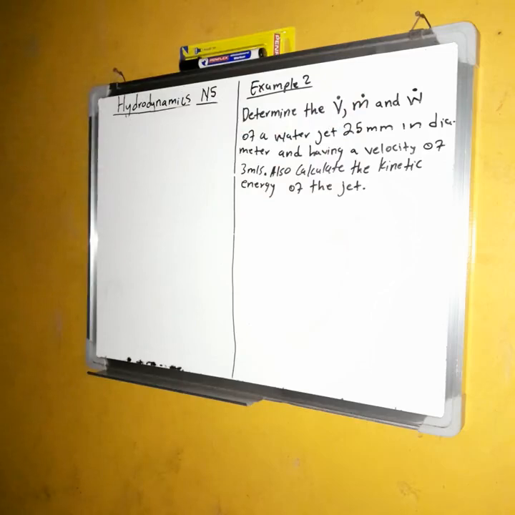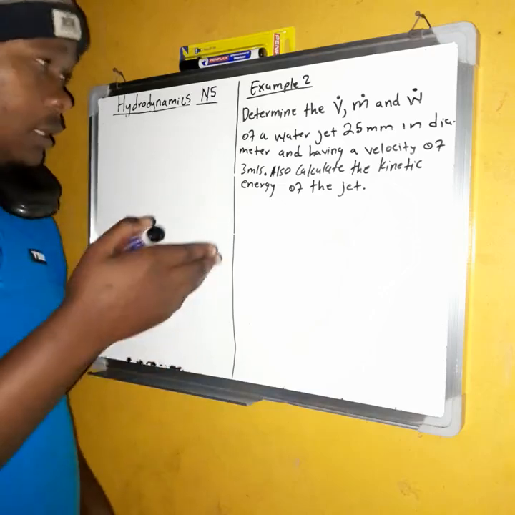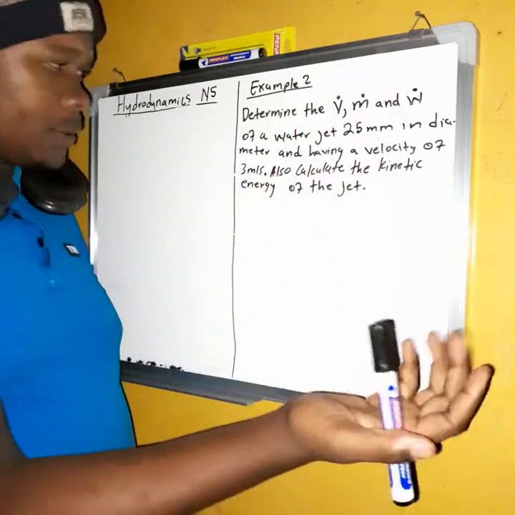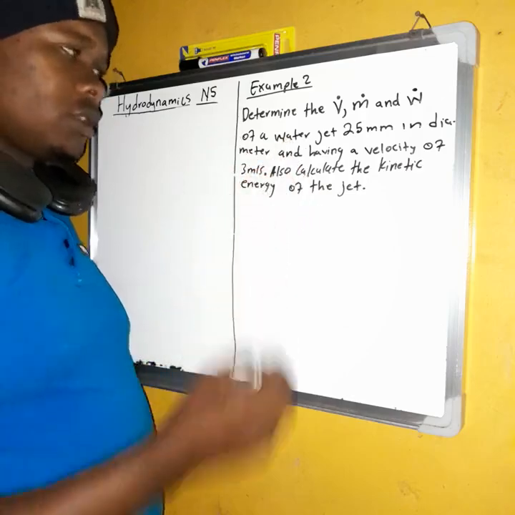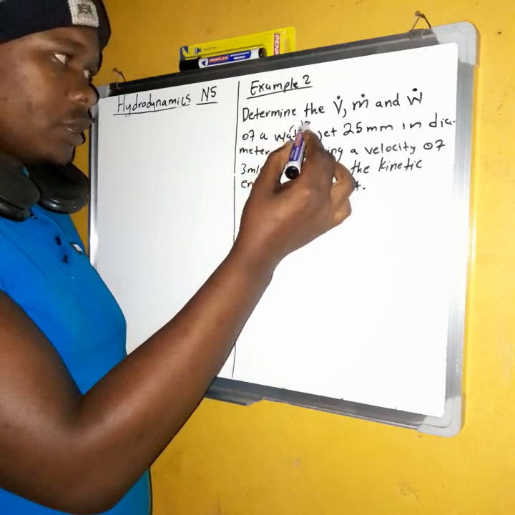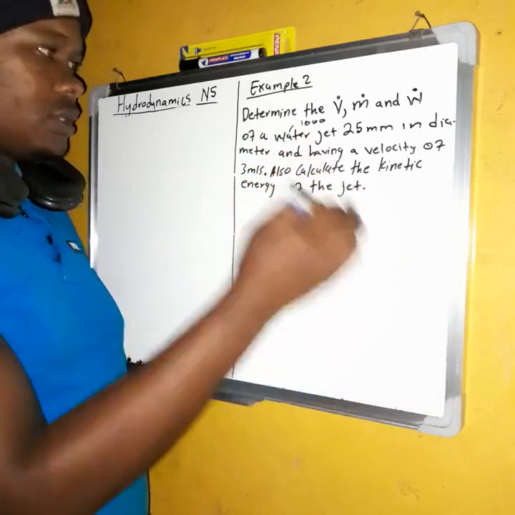We know that these are flows: volume flow, mass flow, weight flow. Simply what they mean. And now here, guys, we have these flows, right? Of what? We have water. When we have water, we know that we are talking about the density, 1000.